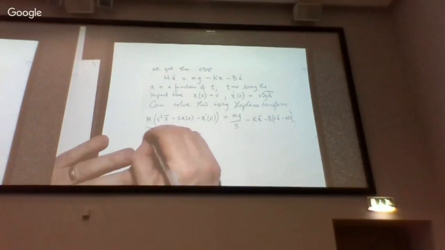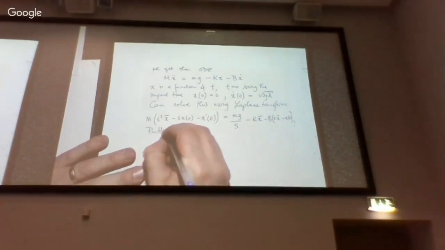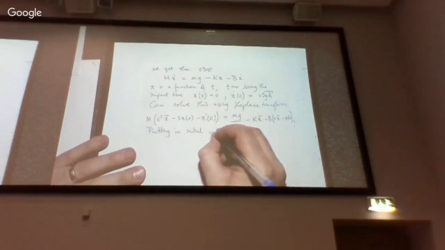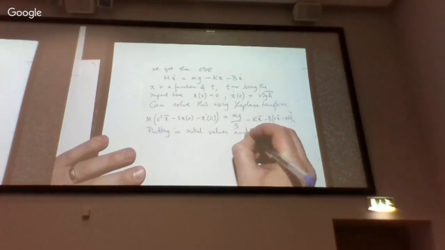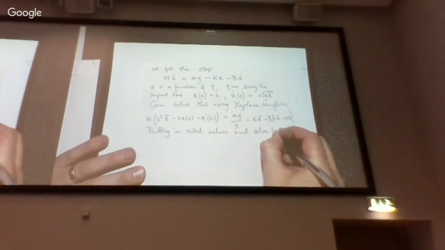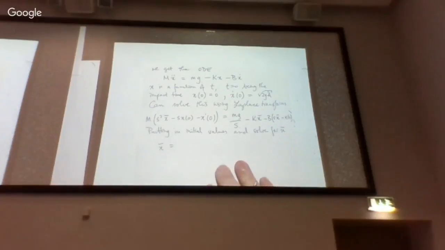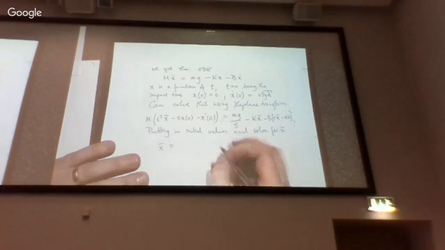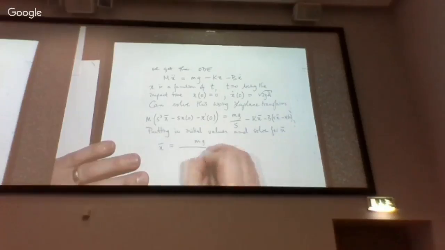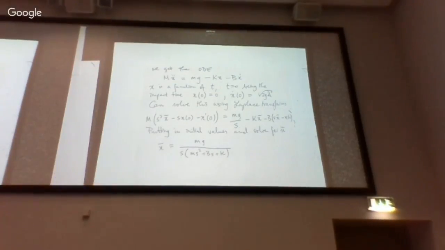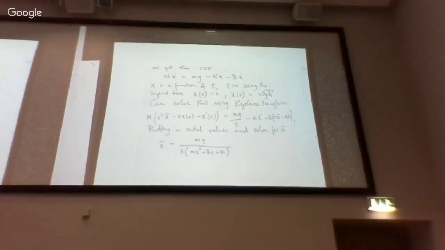So then when you put in the initial values, and you solve for x bar, we get the solution to the transform problem. There's two components to it. There's this first component which doesn't have any h in it.